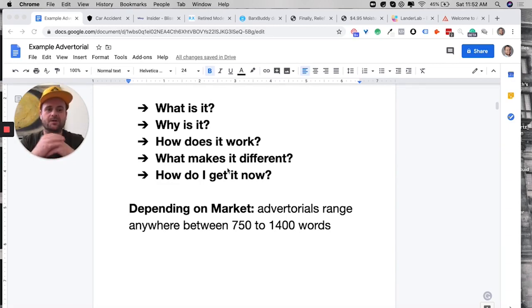A jump page is typically from ad to advertorial, but it's short and usually has no pictures. It's mainly used in the supplement space: a top banner with a headline, just a lot of curiosity, to get you to watch a VSL.